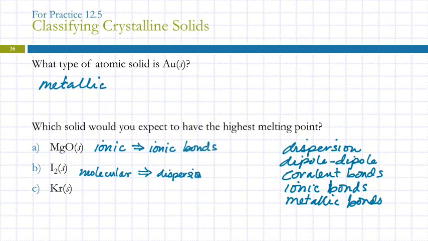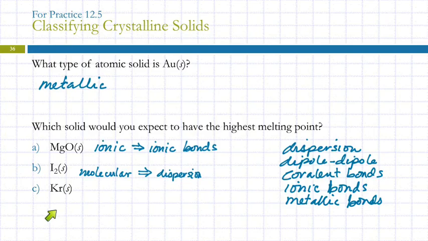And this guy, krypton. Is it a metal or a nonmetal? It's a nonmetal. So it's not metallic. Is it atomic or molecular? It's just atomic. This was molecular. This is an element that's molecular.